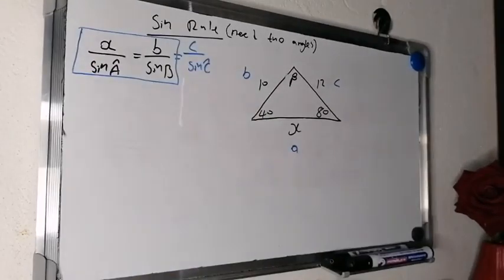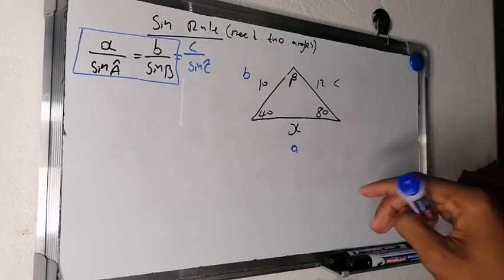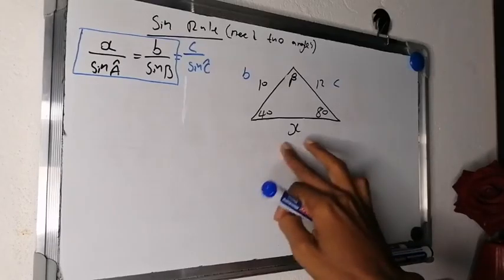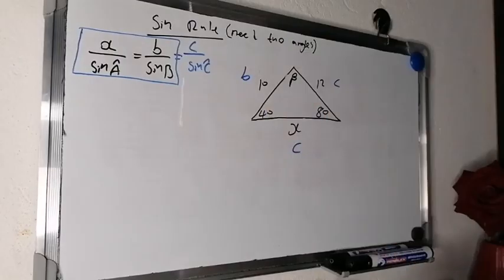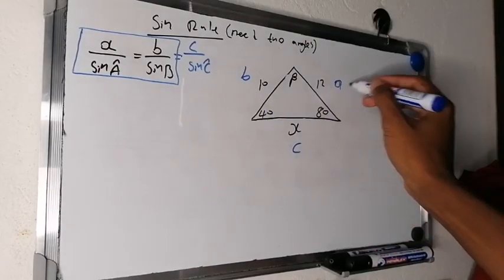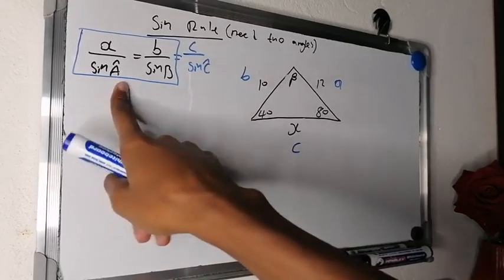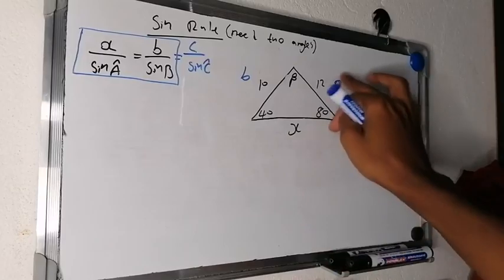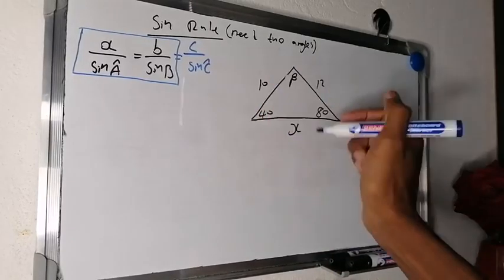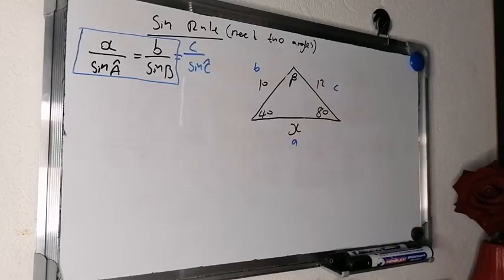We're going to ignore that C, meaning you are not going to give this angle a C. You are going to get stuck because your formula does not have a C. So at least give this a B or an A. I believe it makes sense. So let's give this an A, B, and a C.